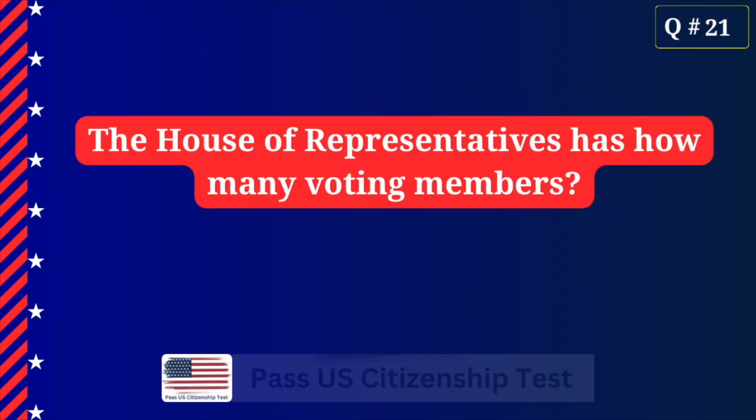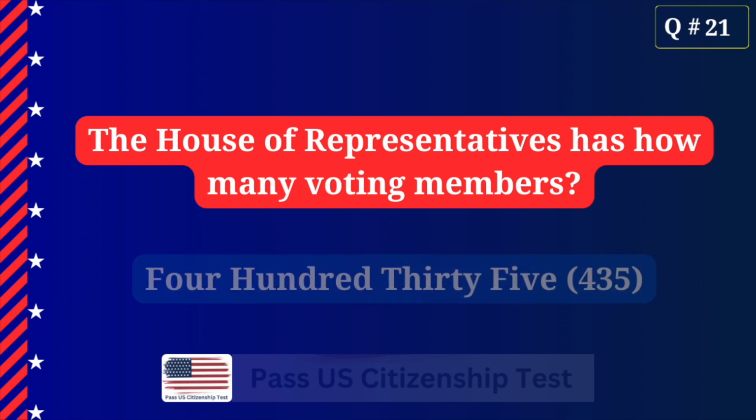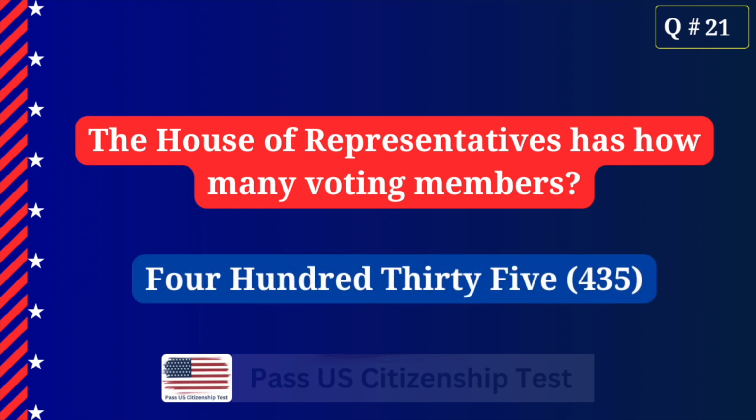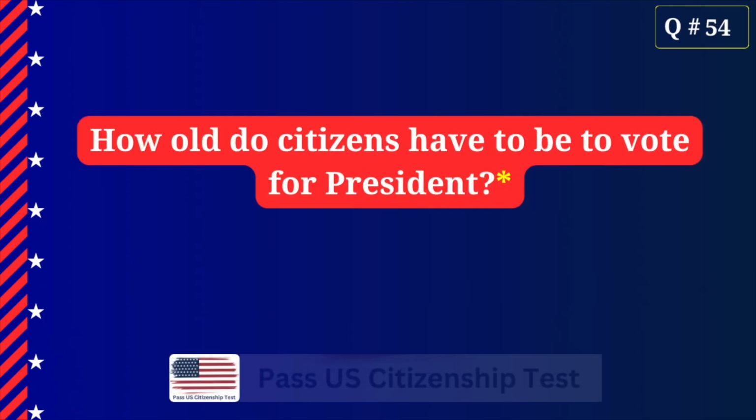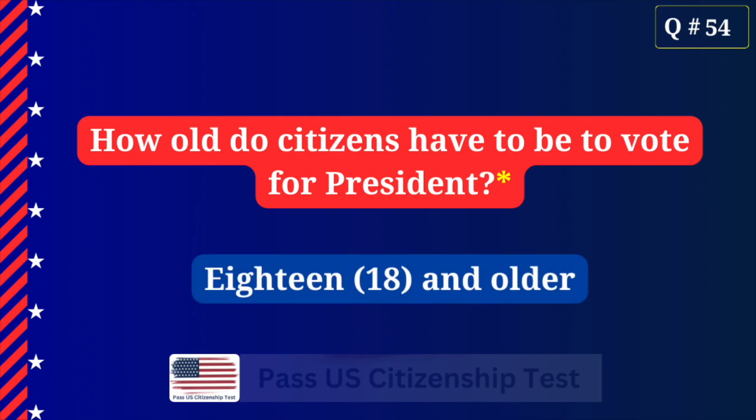The House of Representatives has how many voting members? 435. How old do citizens have to be to vote for president? 18 and older.